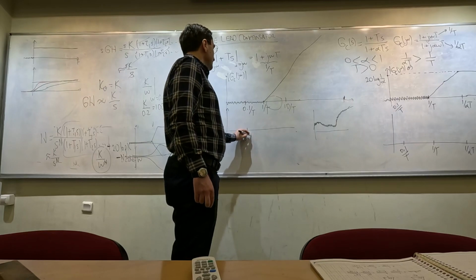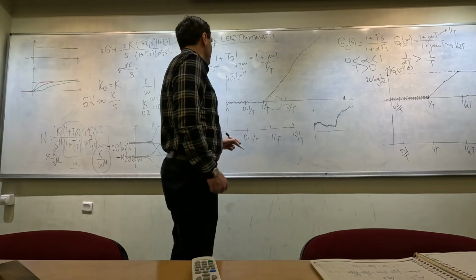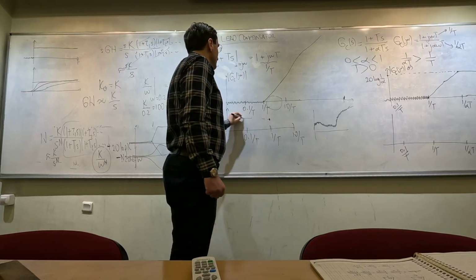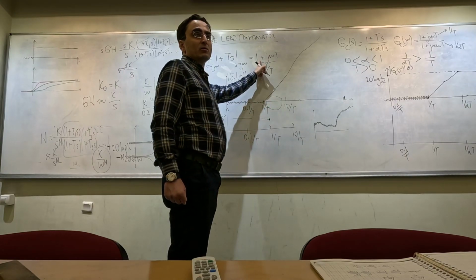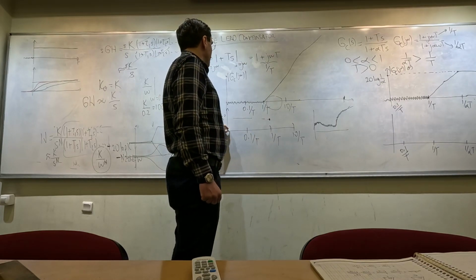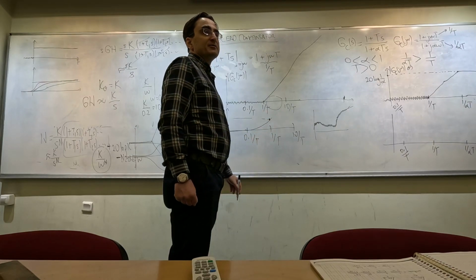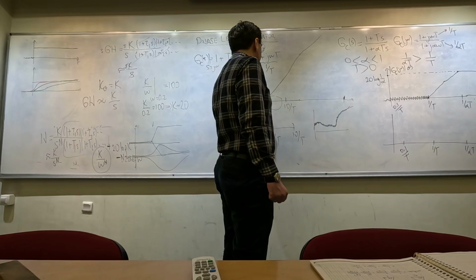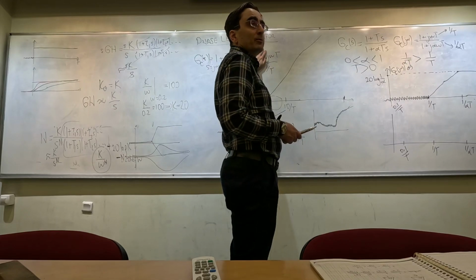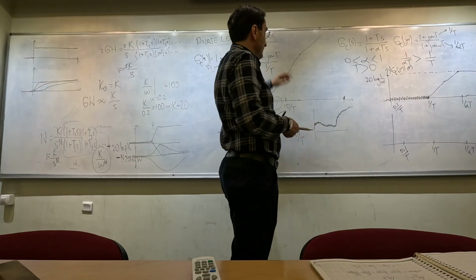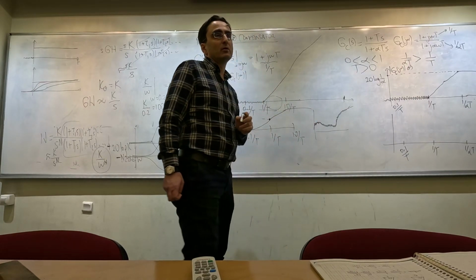At the corner frequency, we have 45 degrees of phase. It has almost zero phase before that, then it increases, passes 45 degrees, and at 10 over T the phase is approximately equal to the phase of this term. What is the phase of this term? 90 degrees. So we reach and settle at 90 degrees. This is the PD controller phase.